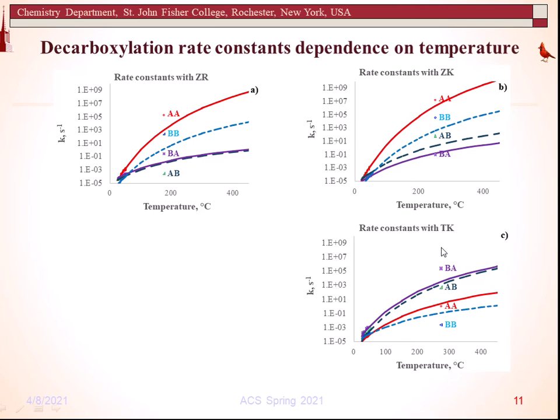This reactivity shown at 423 degrees Celsius for the beta-keto acid decarboxylation matches the cross-selectivity obtained with ZR and TK catalysts for the ketonization of acetic and isobutyric acid mixture. TK catalyst has been patented for its very selective production of non-symmetrical ketones. This fact has not been well understood.